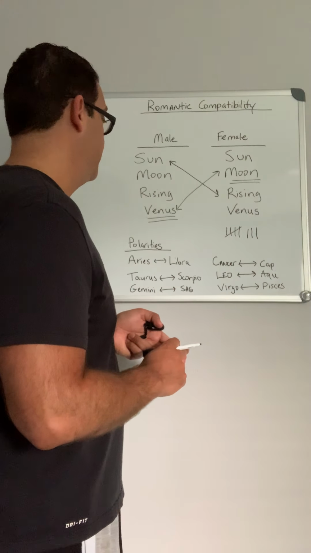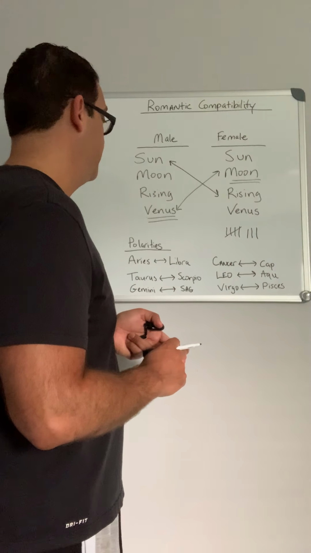Now, that's not to say that this is all that goes into making a relationship work. You know, obviously there are many other factors that go into a relationship, emotional maturity, self-love, and even the physical attraction point.